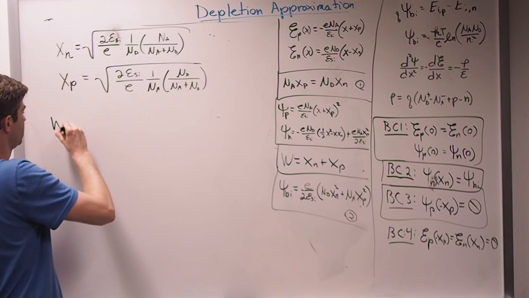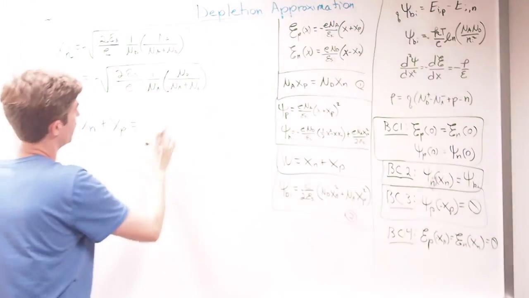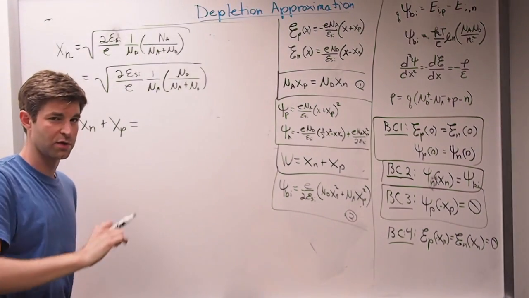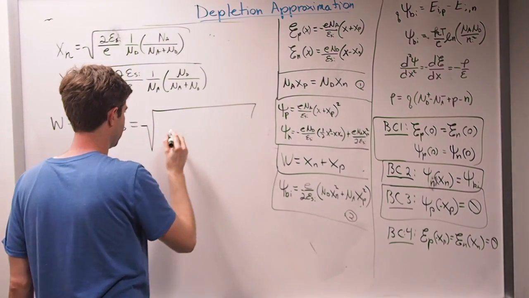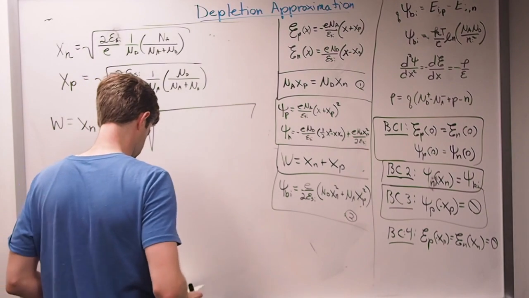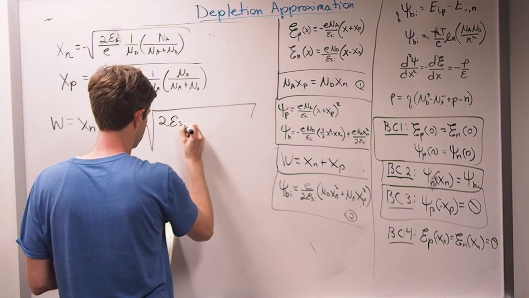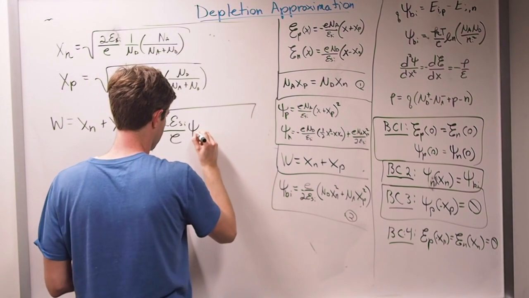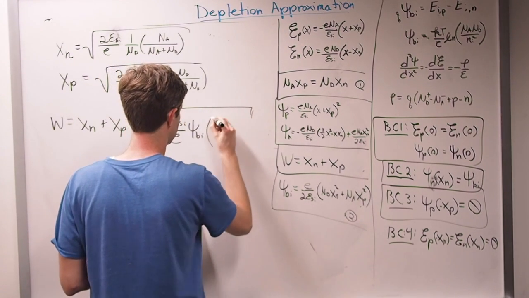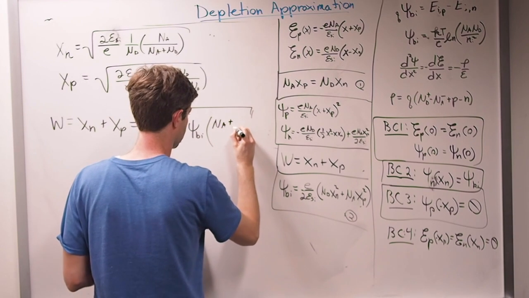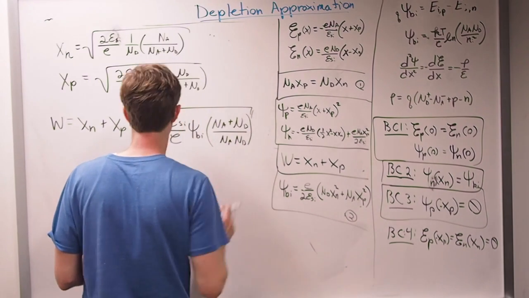W equals x_n plus x_p, so we combine these two together and you do a bunch of algebra that you should already know how to do. What we get is this whole term, which is 2ε_Si over e ψ_bi times N_A plus N_D over N_A N_D. Okay, so that's W right there.